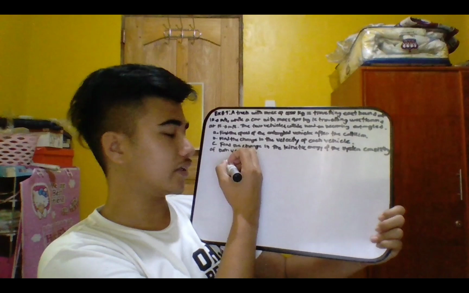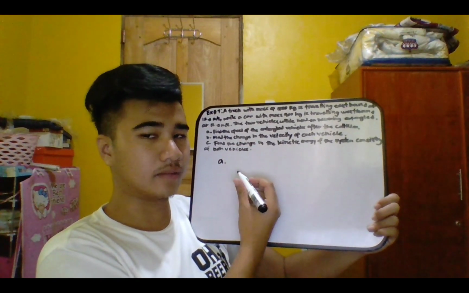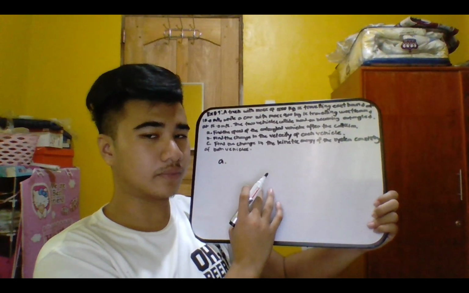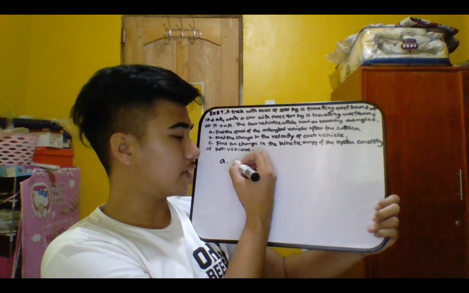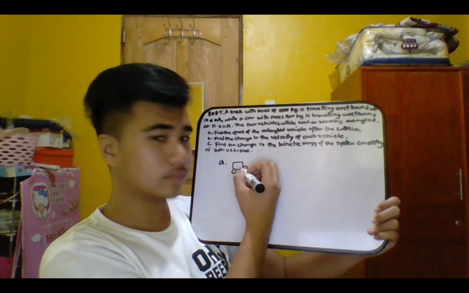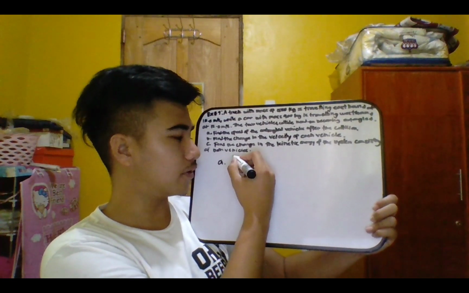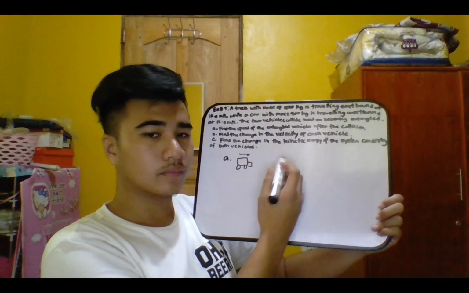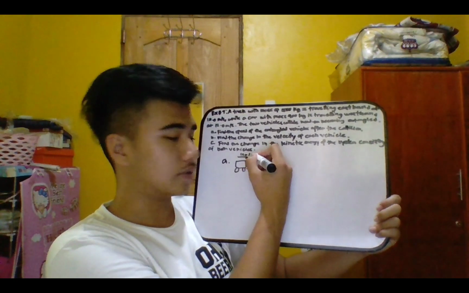So for letter A, the speed of the entangled vehicles after the collision, we will again use conservation of momentum. For example, this is the truck. It travels eastbound, or to the right, and its velocity is 15 meters per second.